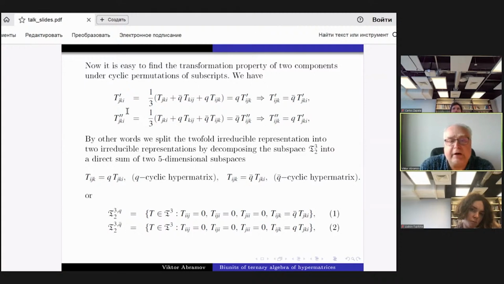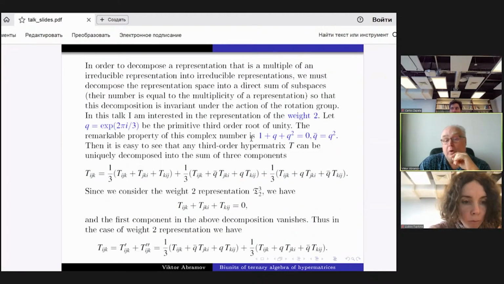In other words, if I perform a cyclic permutation, then the right-hand side will be multiplied by q conjugate. In the case of the second component, if I perform this cyclic permutation, then it will be multiplied by Q. So Richard showed the same kind of variables in his talk, but in this context.